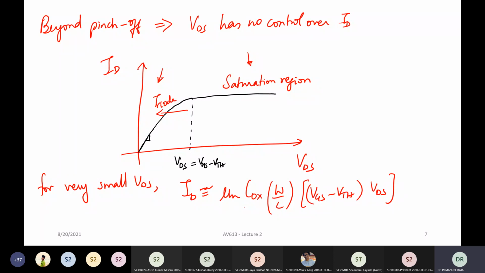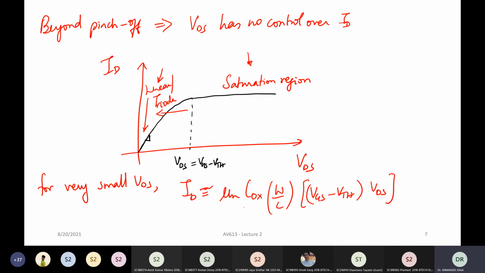Whereas in a MOSFET, because of the way that the device works, this region on the right hand side is called your saturation region. This is called either the linear region, especially the linear region down here, or this entire thing is called the triode region. So please don't confuse yourself between BJT and MOSFETs. In MOSFET, this is the terminology.